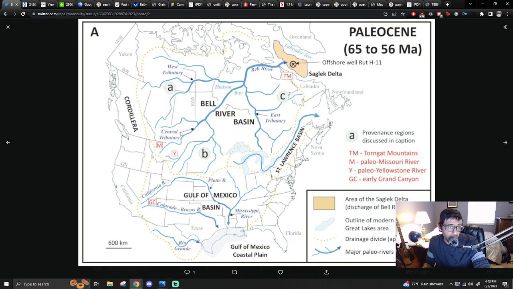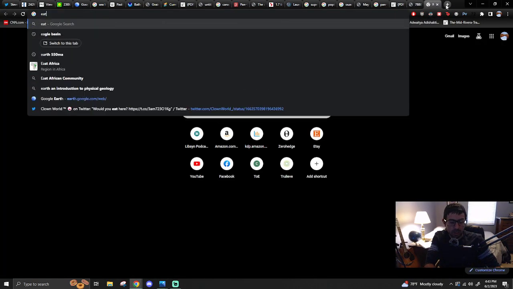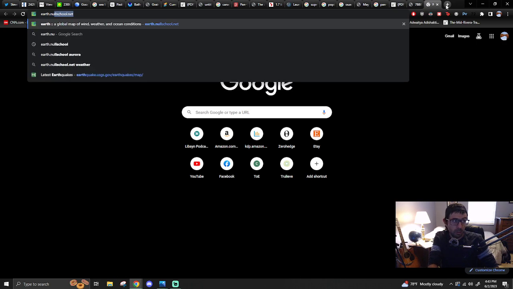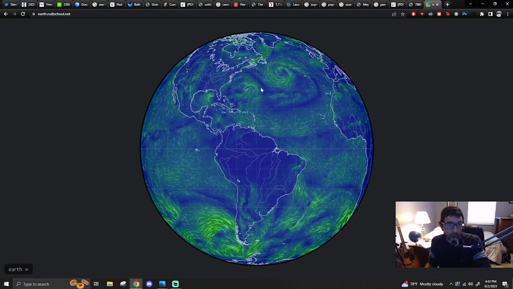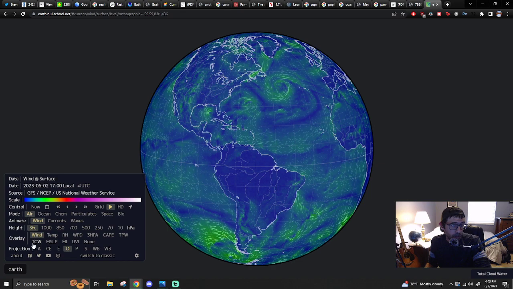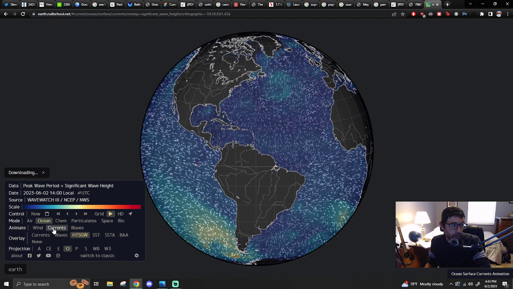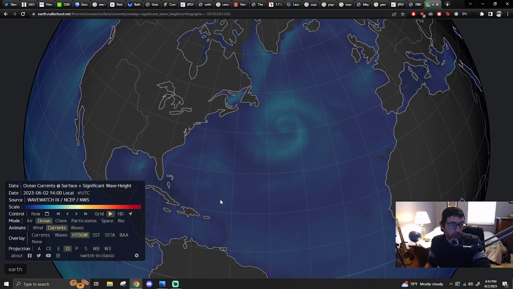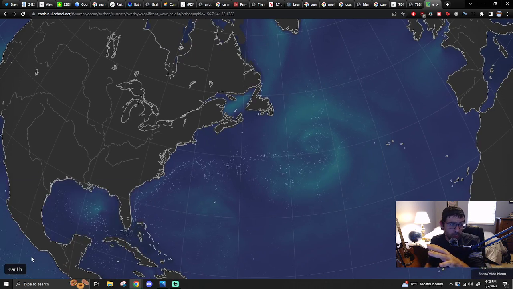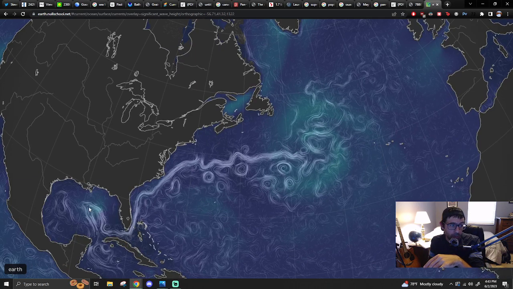There's more than just out. This just shows river systems. In reality, it's much more like ocean currents than river systems.